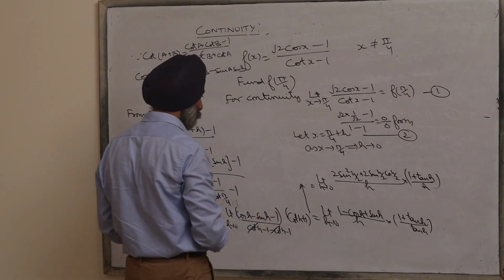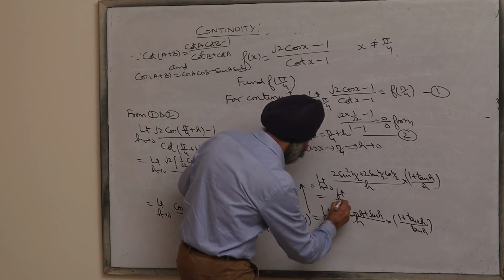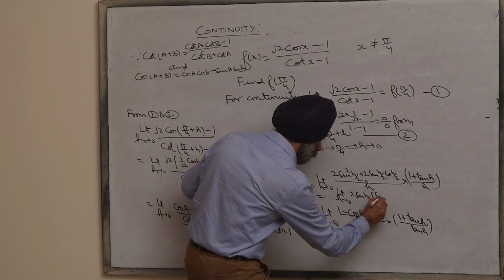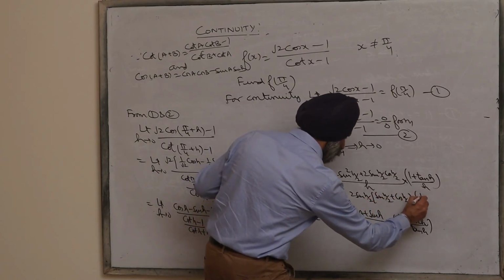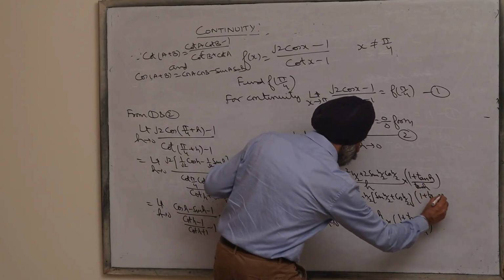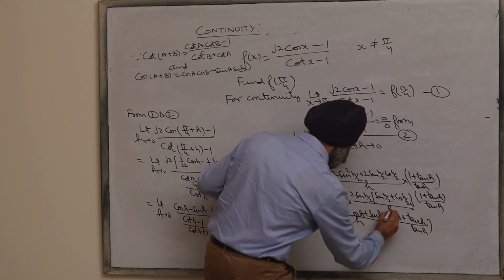Okay, now further this can be written as limit h approaches 0, 2 sin h by 2 into (sin of h by 2 plus cos h by 2) into (1 plus tan h upon tan h upon h).